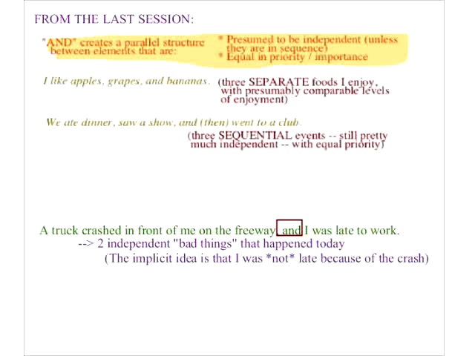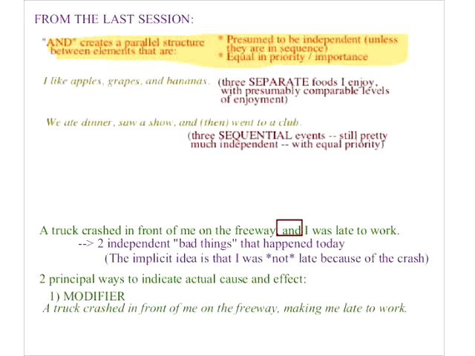So to indicate cause and effect, there's a couple of things you can do, two principal ways to indicate actual cause and effect. The first is to use a modifier. So if you have something like "a truck crashed in front of me on the freeway, comma, making me late to work," that works.